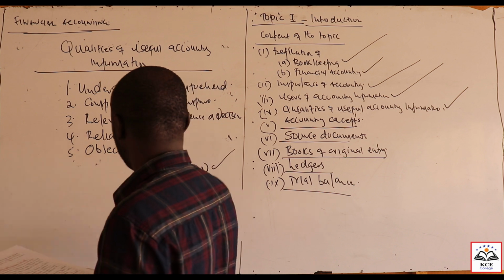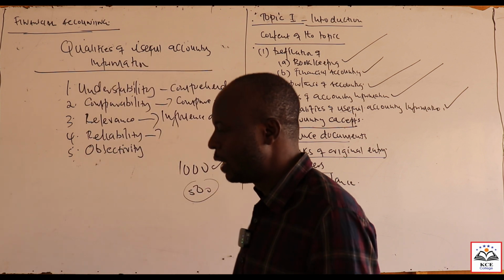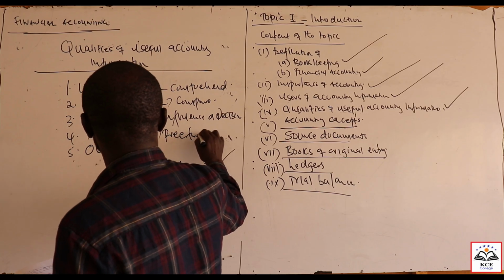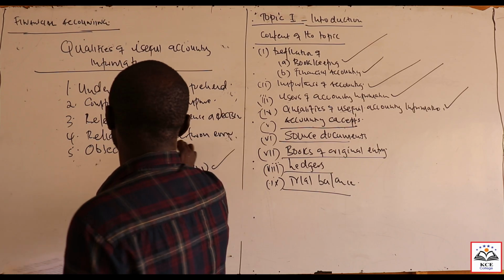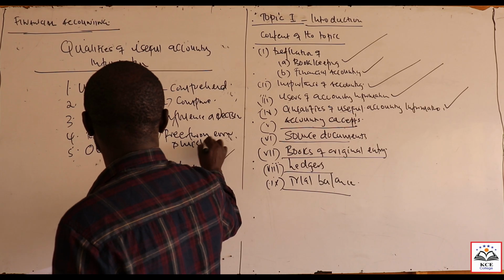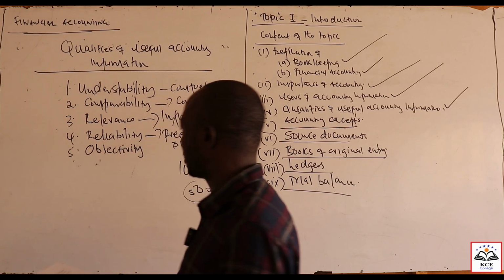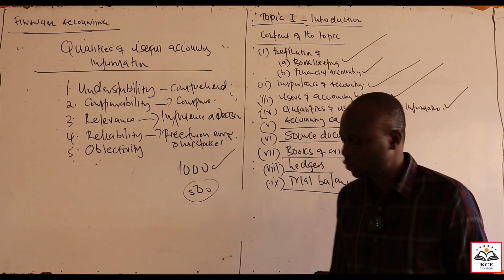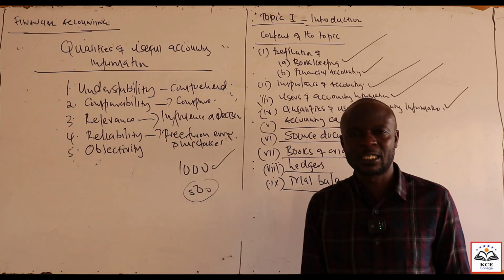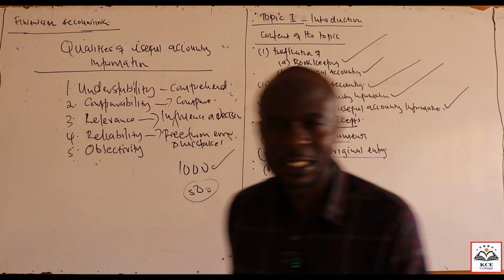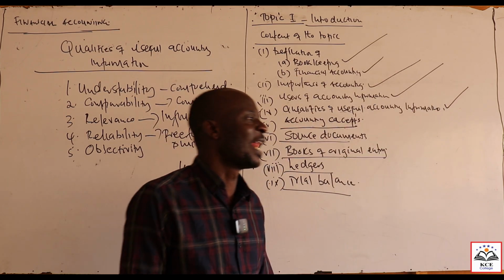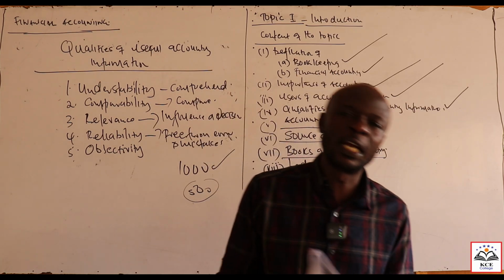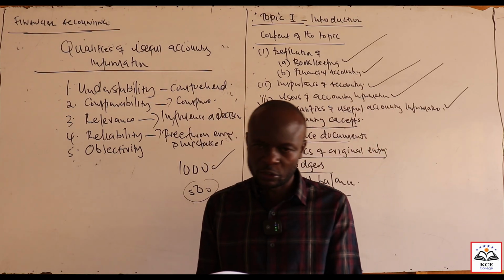Then we have reliability. For information to be reliable, it must be free from errors and mistakes. The keyword here is free from errors and mistakes. Assuming you want to invest in a particular business, and you're analyzing the financial statement. Then you interrogate a particular figure indicated in the financial statement.